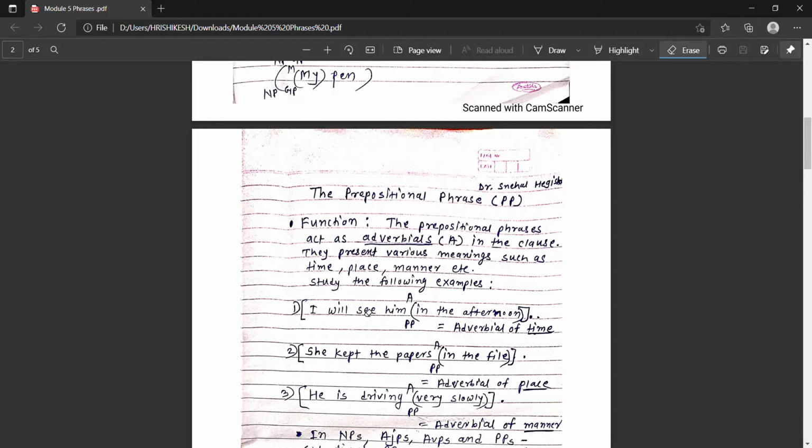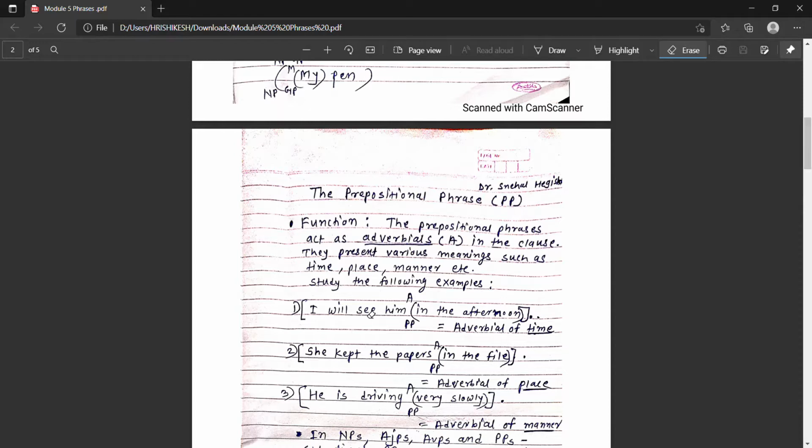This example we will repeat in adverb phrase, not here, because it does not begin with a preposition. What do we require for a prepositional phrase? We require a preposition, but it begins with very. Very is an adverb, slowly is an adverb, very slowly is an adverb phrase, not a prepositional phrase, but it is an adverbial of manner.